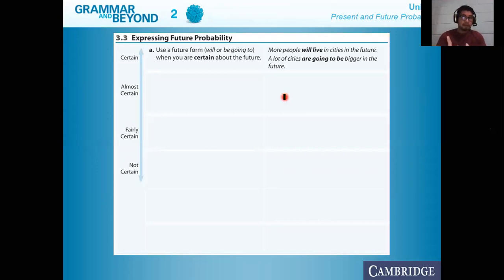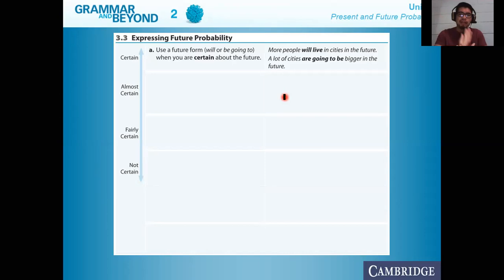But if you remember, we saw that the difference between will and going to is that for one of them, you are more certain than the other because you have evidence. And in this case, we're talking about going to. You have the evidence that something will be different in the future. But with will, you don't have that evidence, okay?